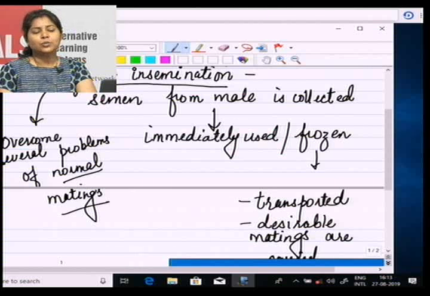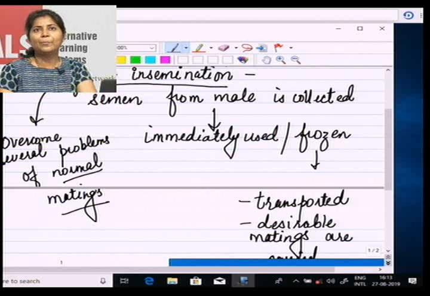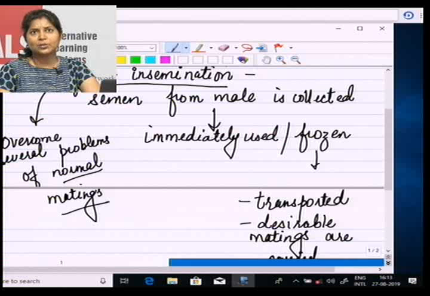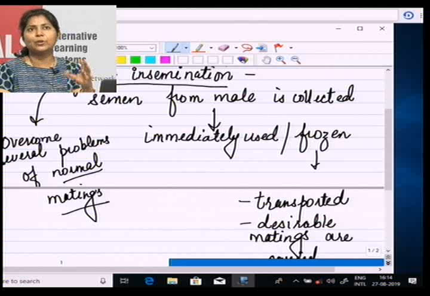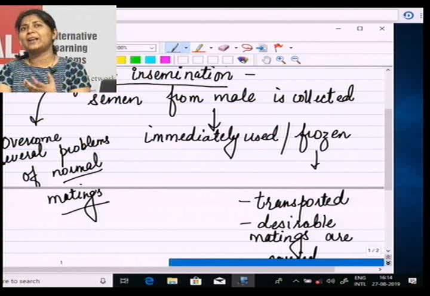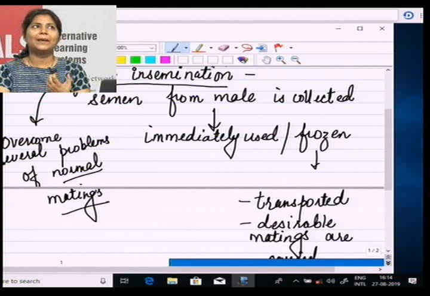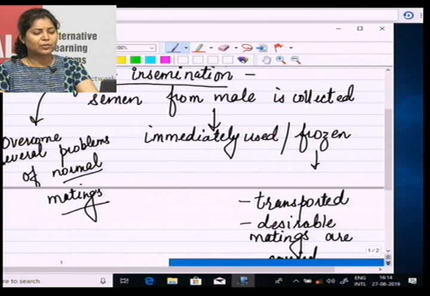First, pay more emphasis on boards, because your board results are important, but you have to have a backup plan also. You need to think about career options after boards. This is a good career option if you have a good knowledge of the things going on in the class from now onwards. You will have a good grasp, and by the time you start appearing for NEET, you will have a strong background. So this is very, very important. So this is what is artificial insemination.